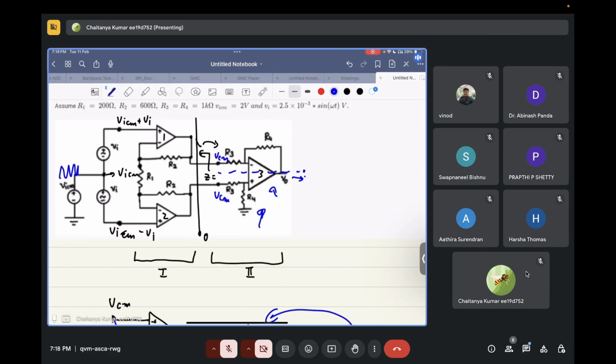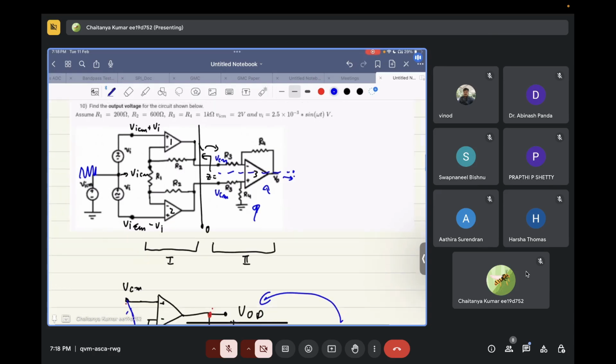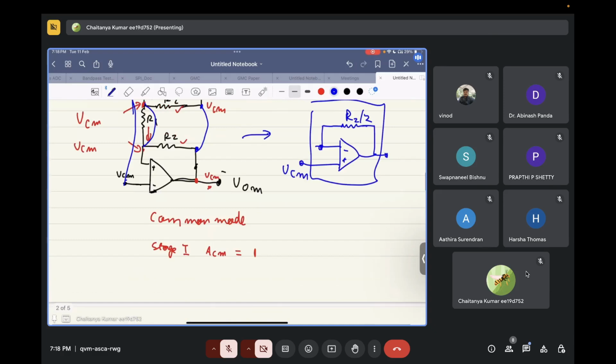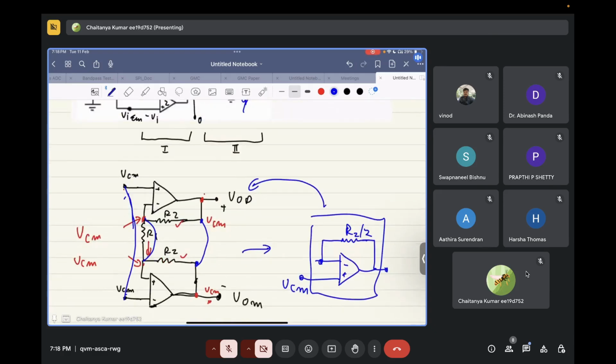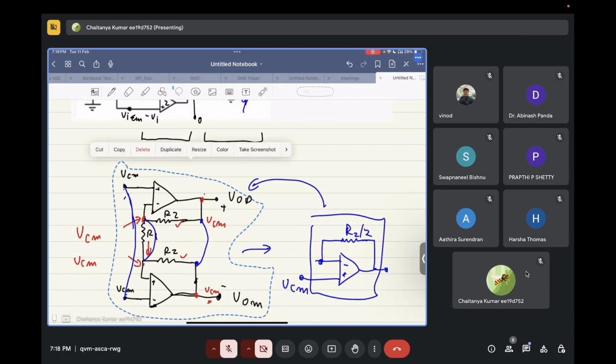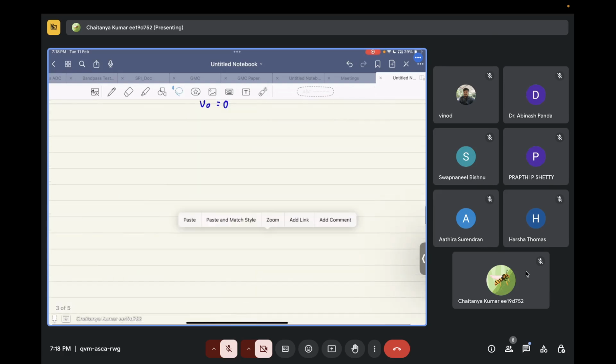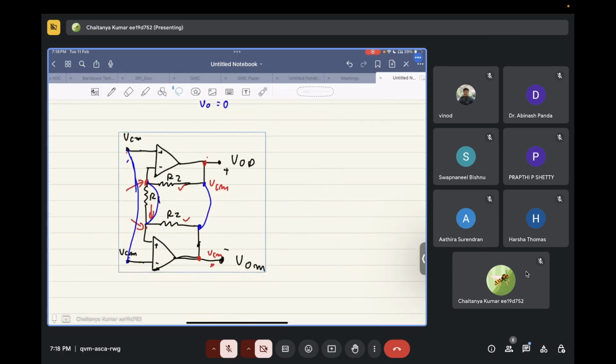The differential one, how will you solve? As far as the differential part is concerned, you will do it in the following way. Let's again consider stage one of the circuit. Now we will consider only the differential part.